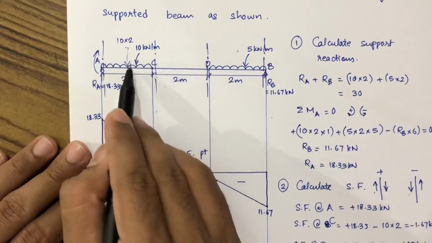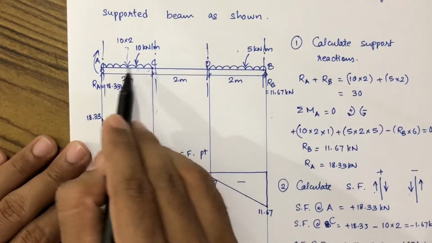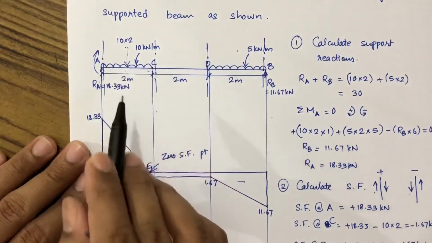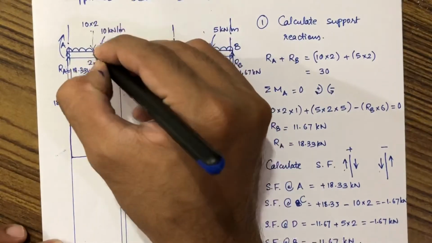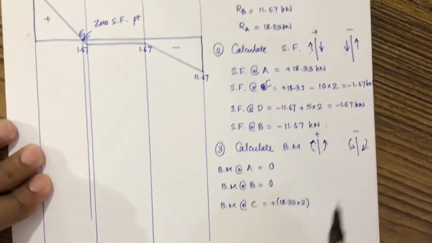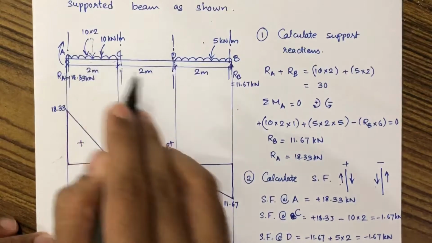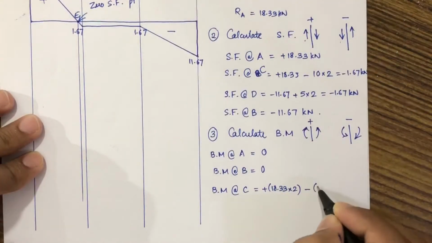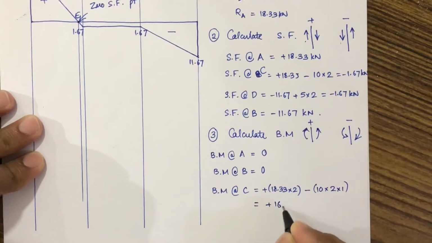And this value is at a perpendicular distance of 1 meter. From here till here it is 1 meter because this is exactly at the center. And as this is going like this, the moment will be taken minus. So this will be minus 10 into 2 into 1. So bending moment at C value comes out to plus 16.66 kilonewton meter.